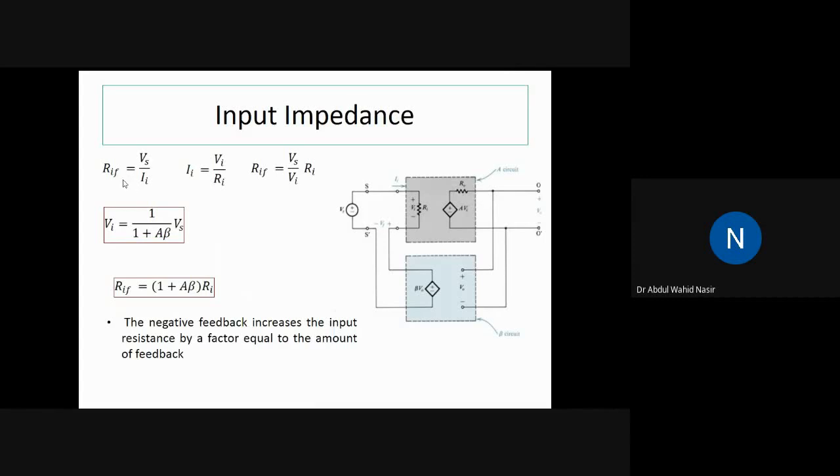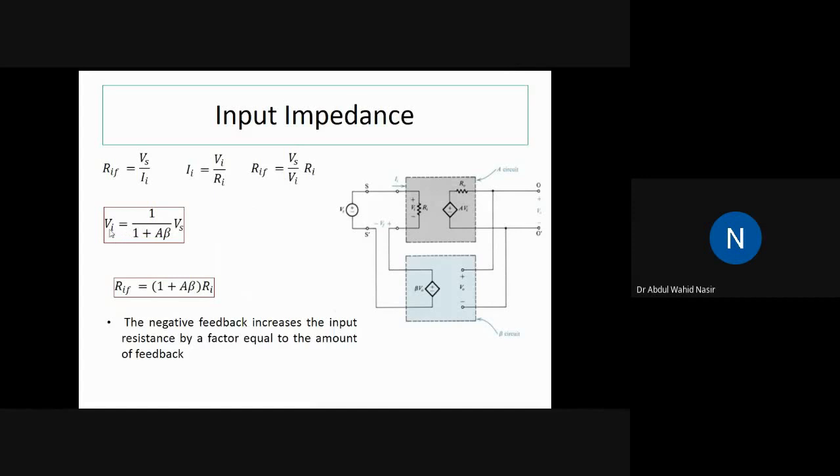RIF will be equal to Vs by Ii. Now Ii will be equal to Vi by Ri. Clear? If you substitute this Ii value there, you will get RIF equal to Vs by Vi into Ri. Clear?